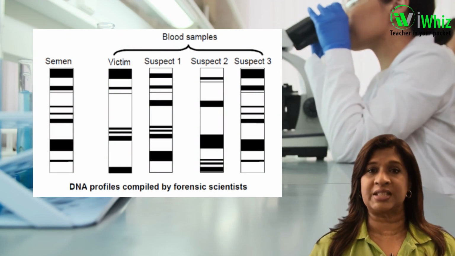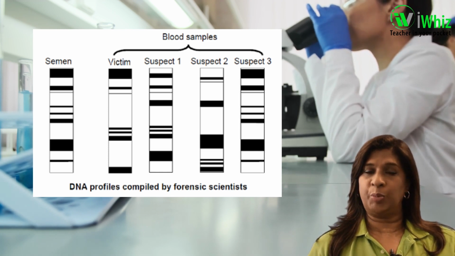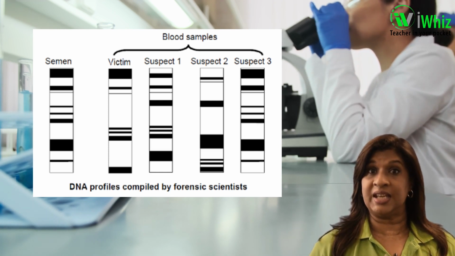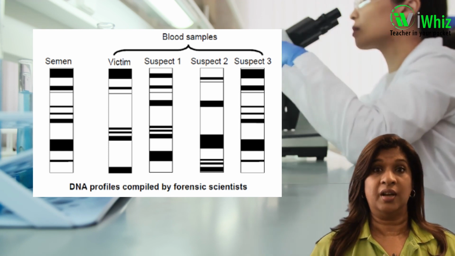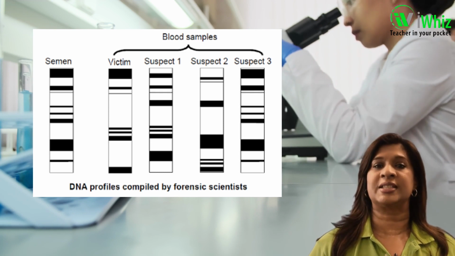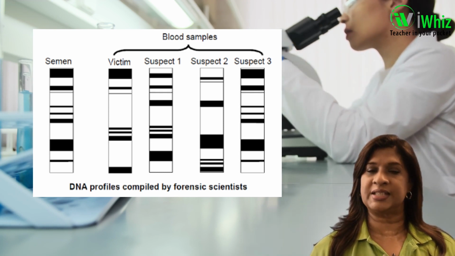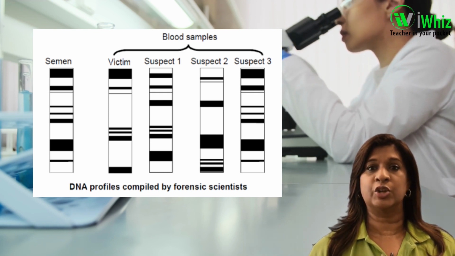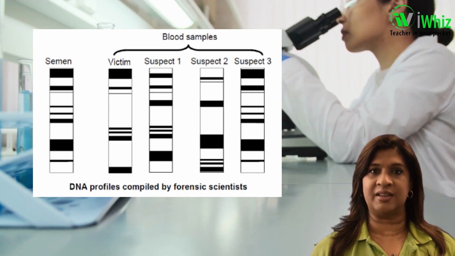If you look at the blood samples, the DNA profile of the victim is indicated. This is important. There's suspect 1, suspect 2, and suspect 3, right? And it says DNA profiles compiled by forensic scientists.